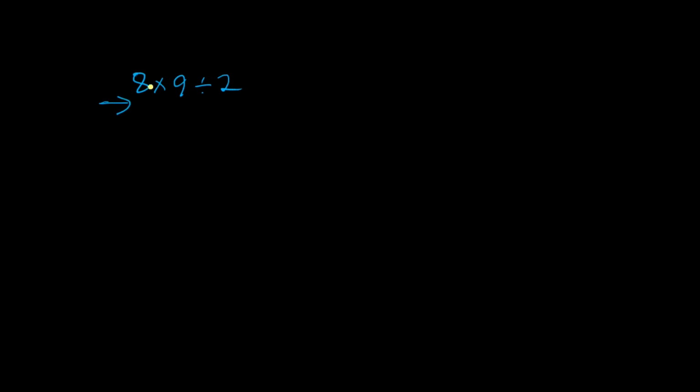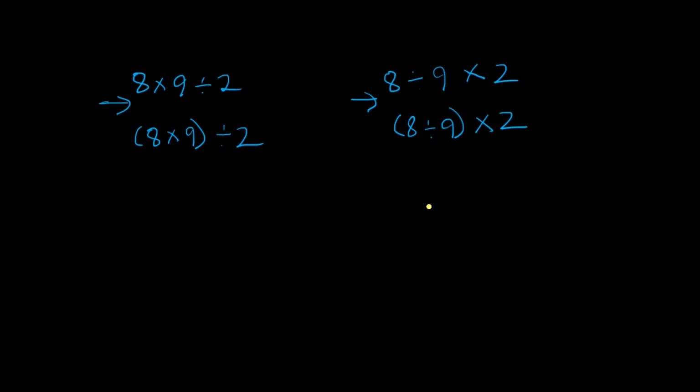So whenever you have multiplication and division on the same level in the same equation, you go from the left hand side. So it should be 8 times 2, then divided by 2. Similarly, if you had something like 8 divided by 2 times 2, you should go from the left hand side. So the first step should be 8 divided by 2, and then you multiply by 2.